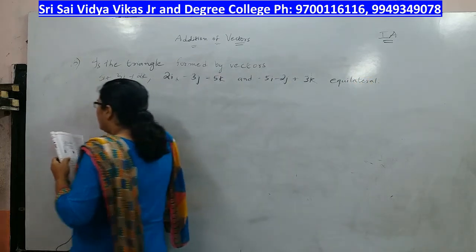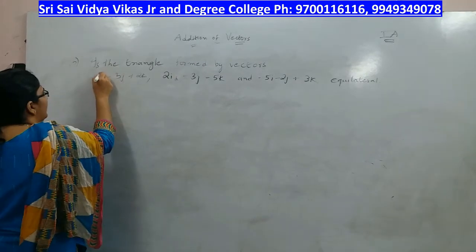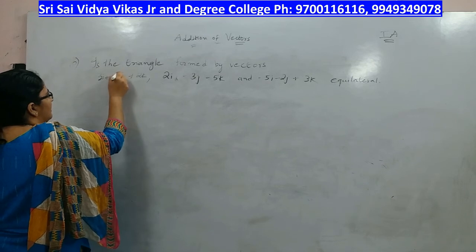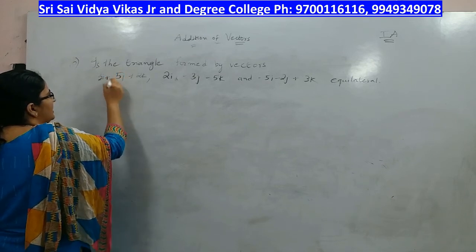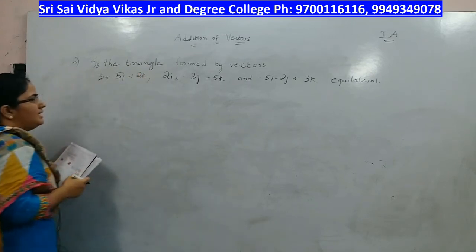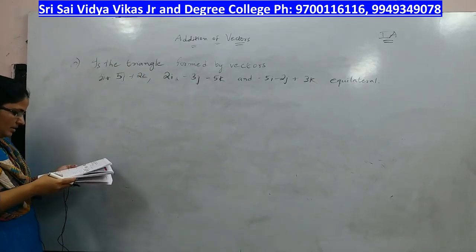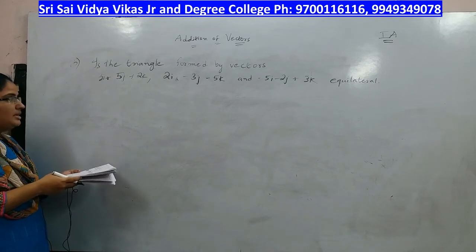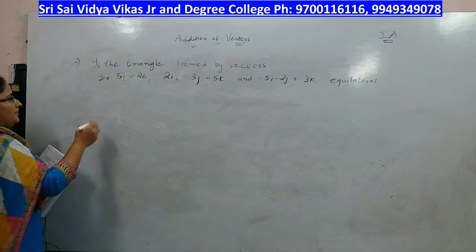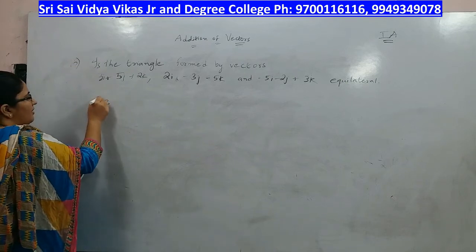So here you are given three vectors: 3i plus 5j plus 2k, 2i minus 3j minus 5k, minus 5i minus 2j plus 3k. How to find whether they are equilateral? You have to find the modulus.